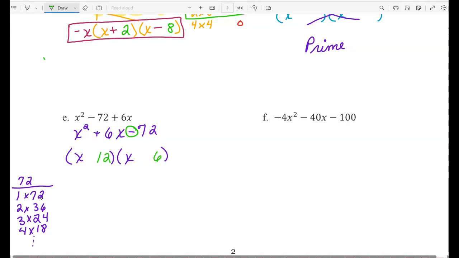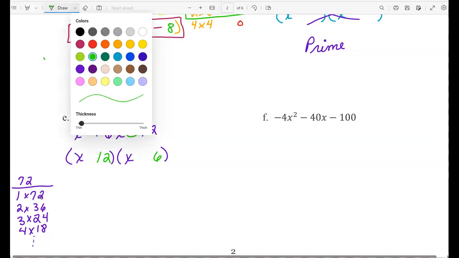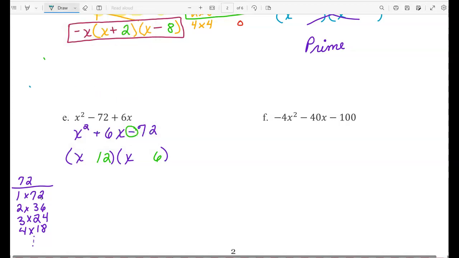So 12 times 6 is 72, but if we subtract 6 from 12, we get 6. So those are the two conditions we're trying to meet. We also see that they are a negative on the 72, so they're going to be opposite in sign. I look at the 6, and I always take the sign on the x, so that's a plus, and put it with the bigger number, which means the other one must be opposite.